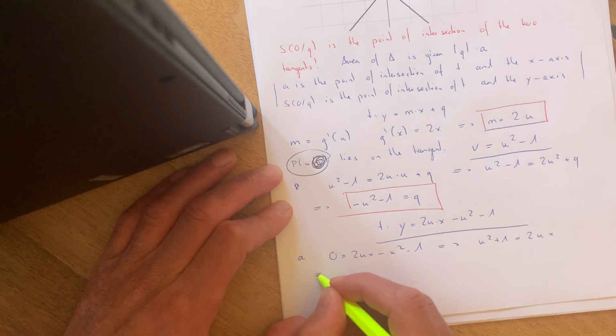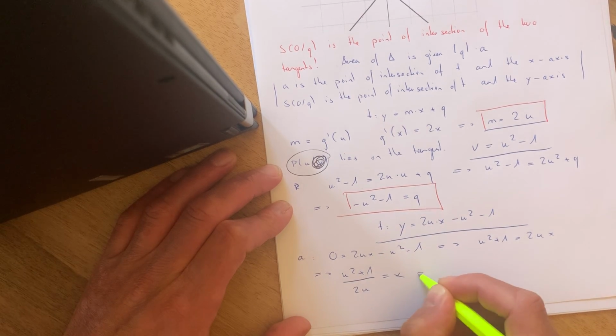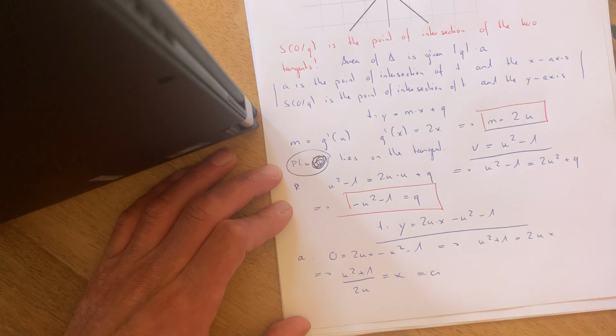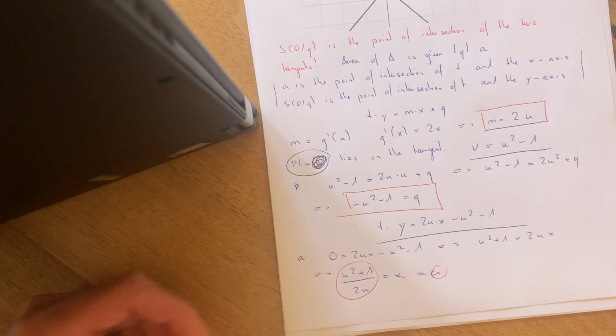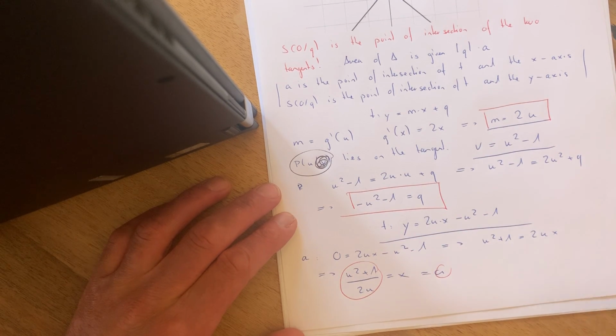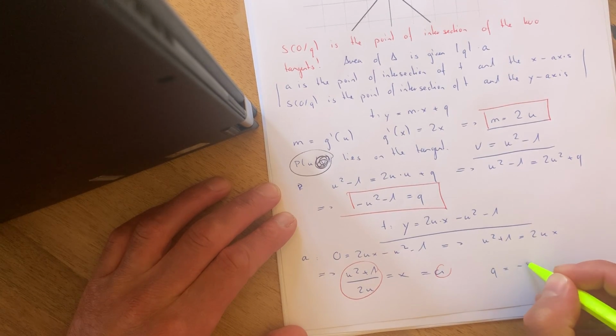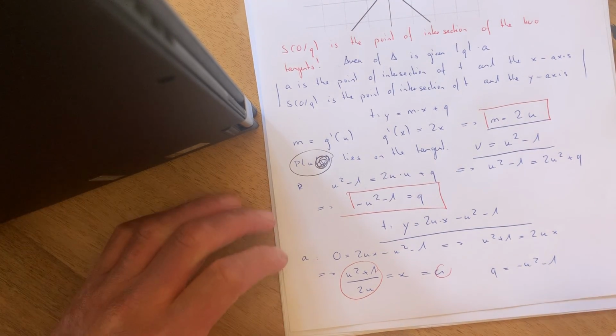Dividing by 2 times u leads to this, and this is a. So here I have a. And q, of course, is already given because q is up there. So q is minus u squared minus 1.